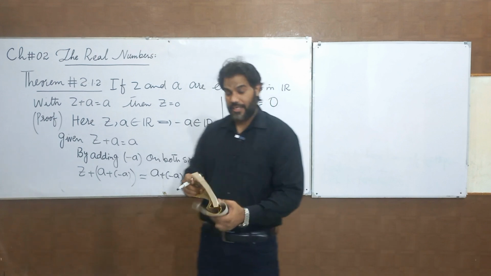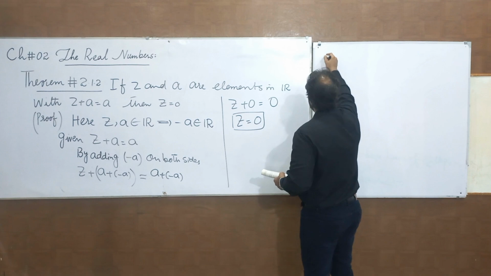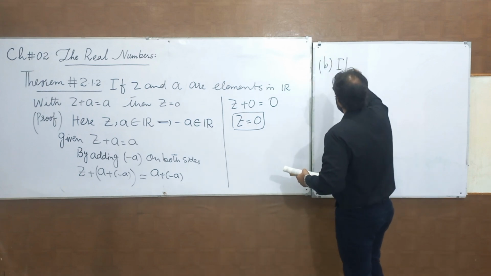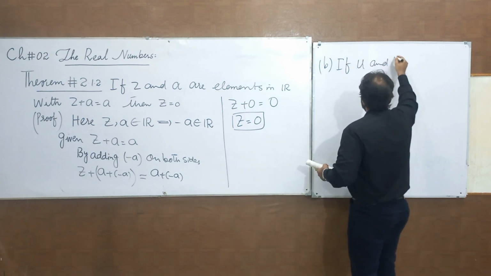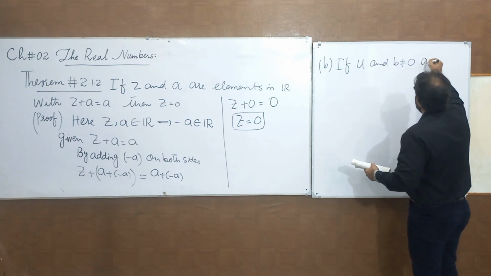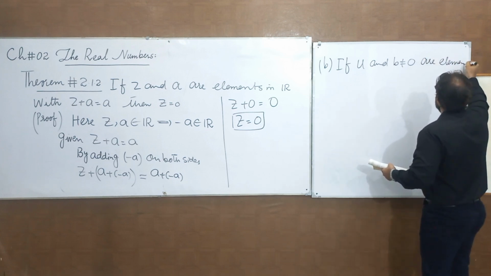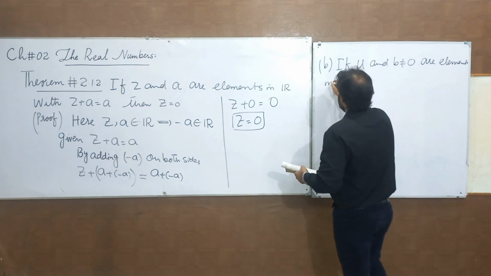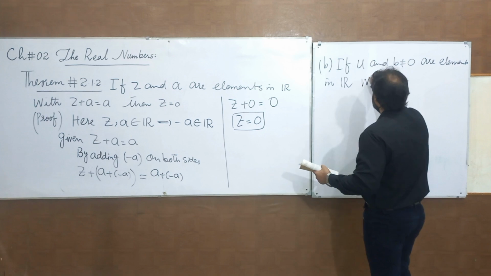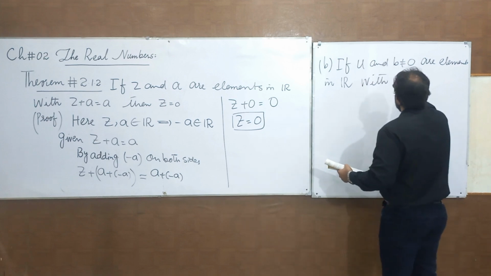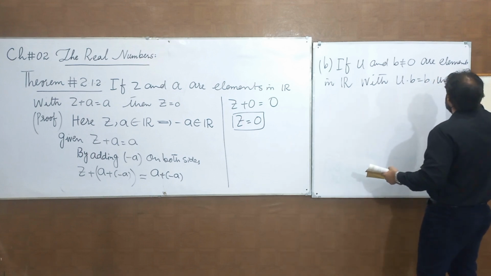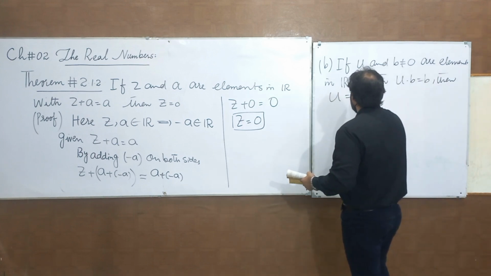Next, in the second part, B, we have to show that if u and a non-zero element b are elements in R, with the equation u into b is equal to b, this is possible when u is equal to 1.